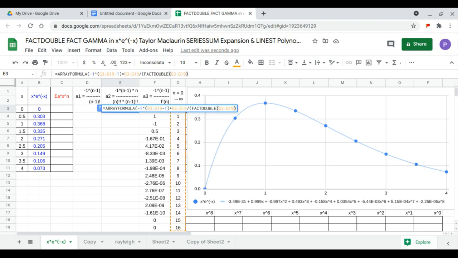That's the first part, times the second part. Again, double factorial of n minus 1. And enter.